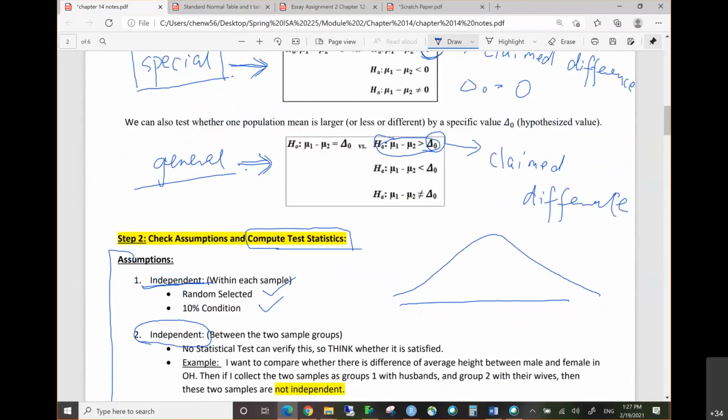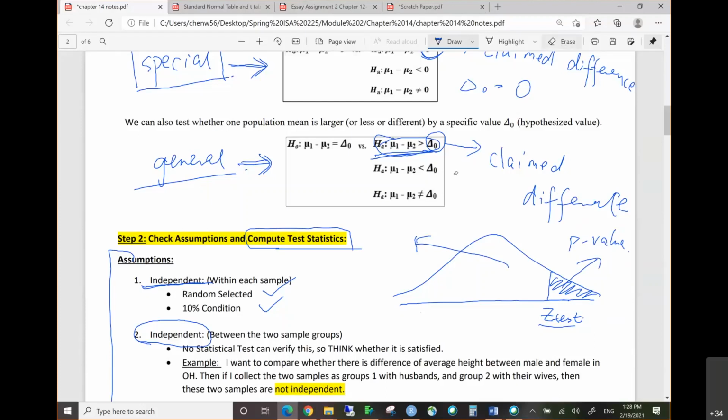Your p-value will be the probability to the right of your z-test statistic. Right? So that means you use your z-test statistic, go to the standard normal table, find the probability to the left of the z-test statistic, right? And since it is a right-tail hypothesis, your p-value will be 1 minus whatever you find from the z table to get the probability to the right, right?